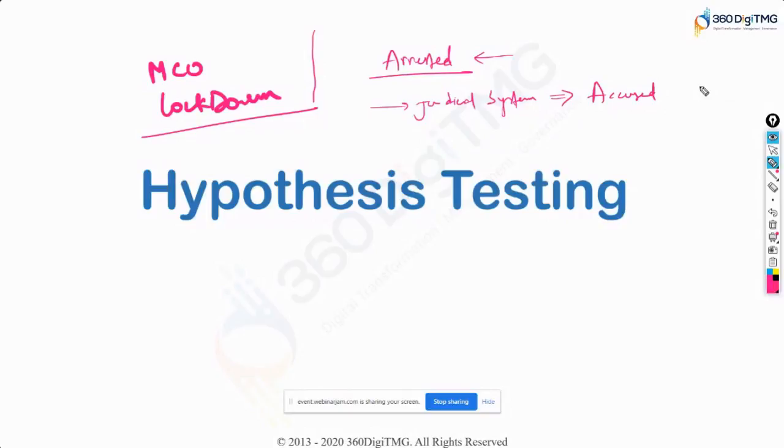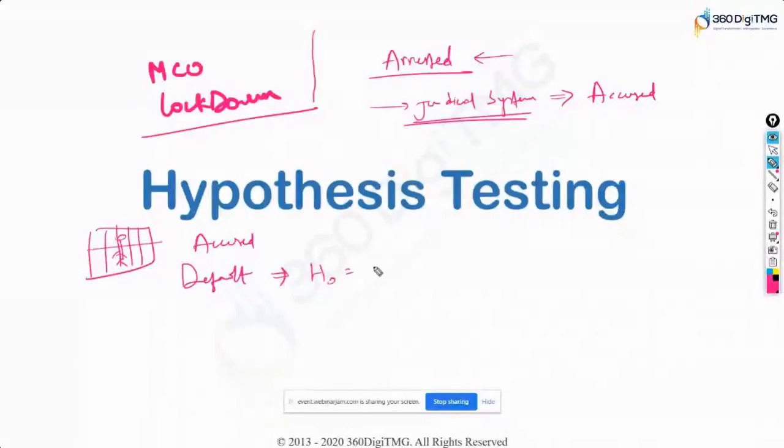Until it is proven, he is innocent only. That is the default condition. So there is a person who is put behind bars. This person is accused, and the default assumption is accused is innocent. Okay?